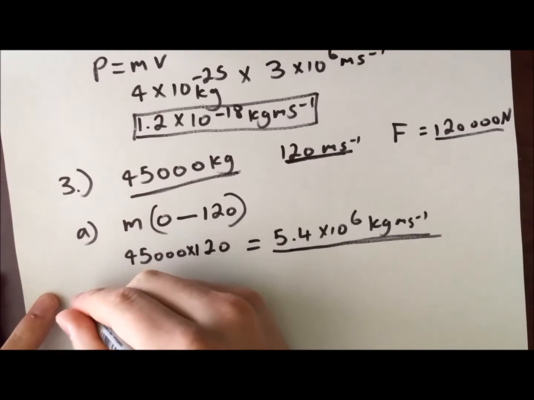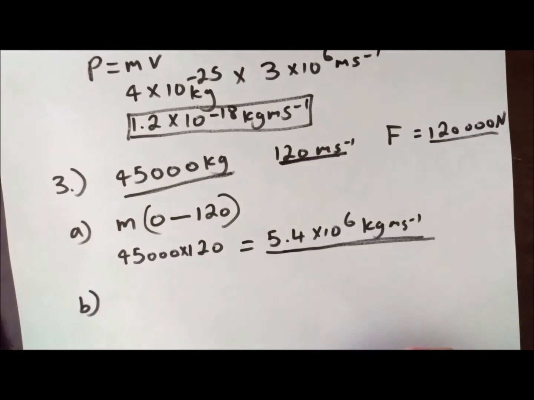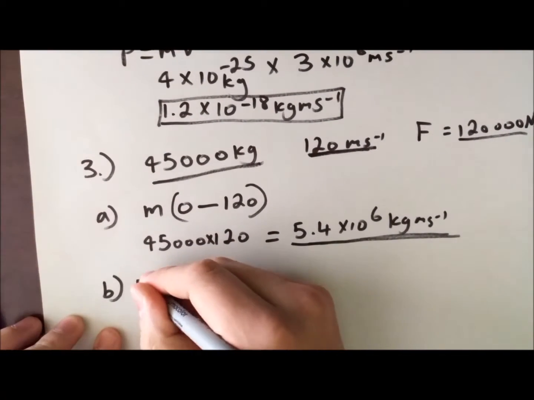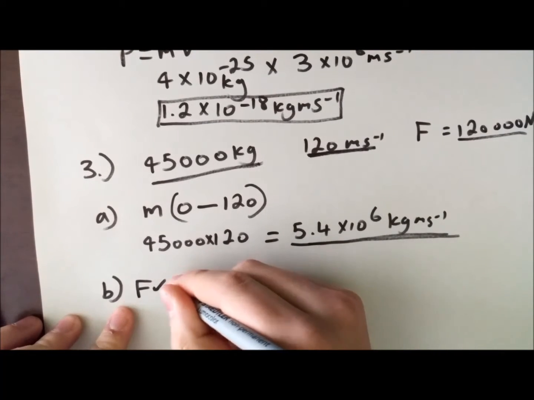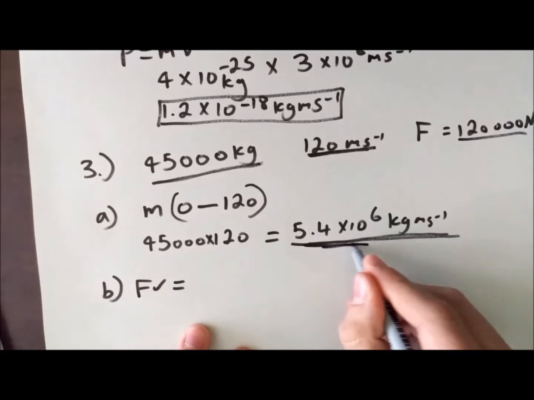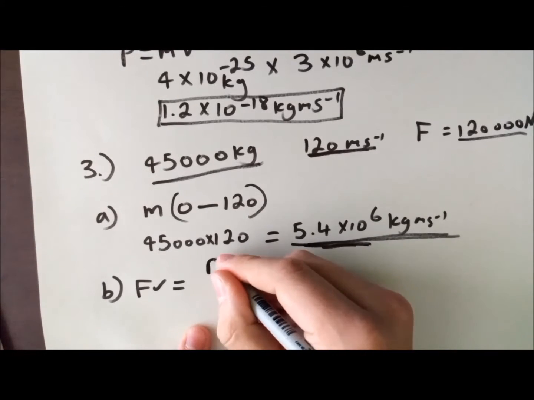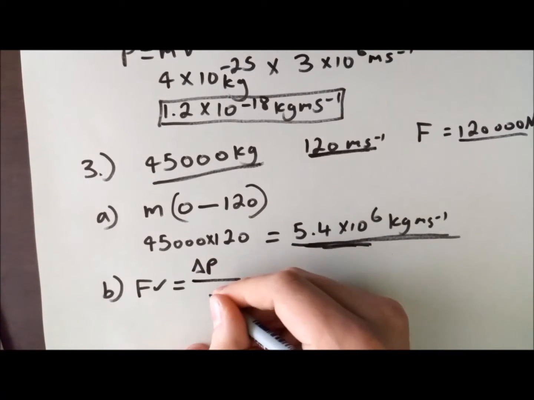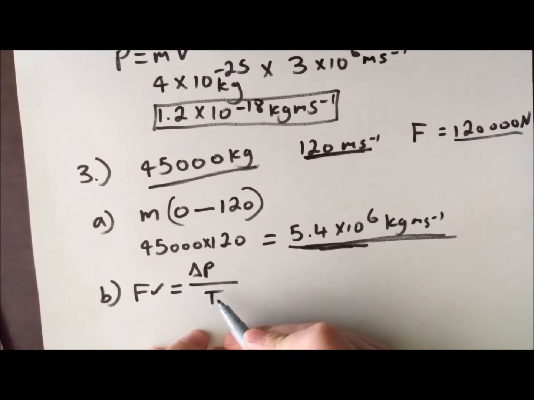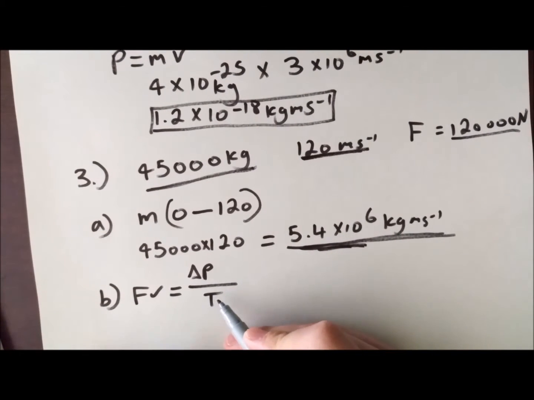Now, part B asks us to find the takeoff time. Now, we know force, and we know that it's equal to the change in momentum, which we've worked out here. So, change in P, and we're looking for T. Now, to find T, we're going to have to rearrange this formula.